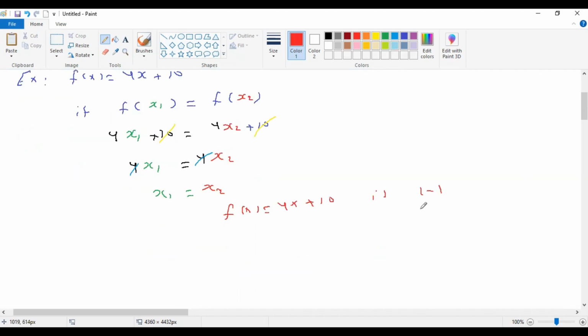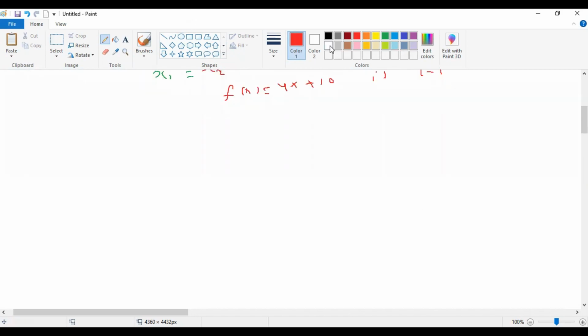Another example. We have f of x is equal to 2x cubed plus 7. Now, if I have f of x1 equal to f of x2, this one is x1, this one is x2.